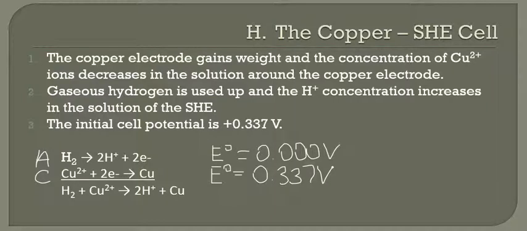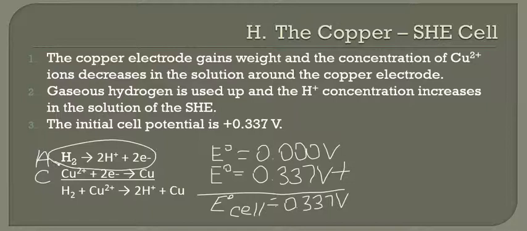So for the overall reaction, E cell, when I add the anode to the cathode, 0.337 volts. So by comparing to the standard SHE electrode, I can get the standard reduction potential for this half reaction right here with copper.